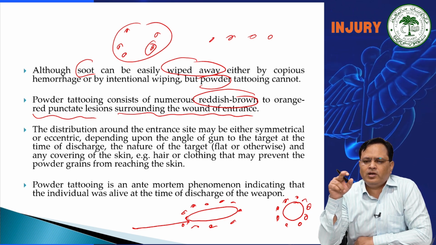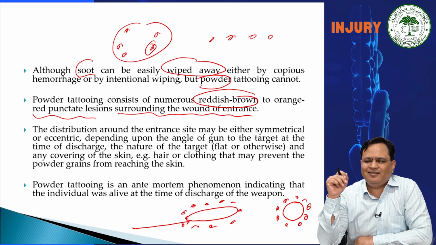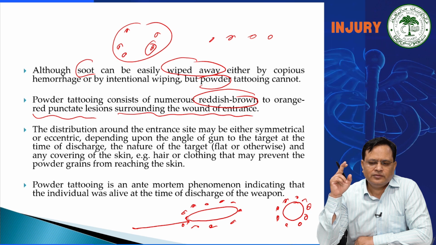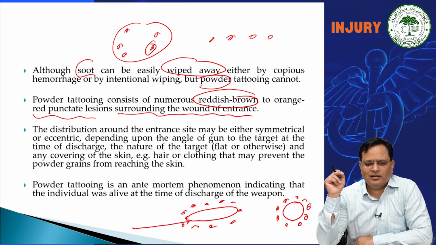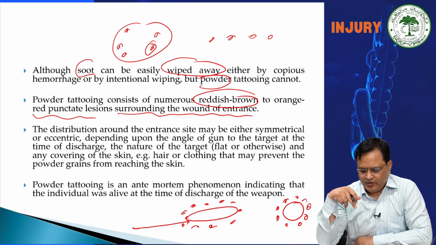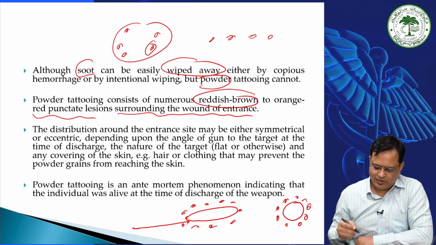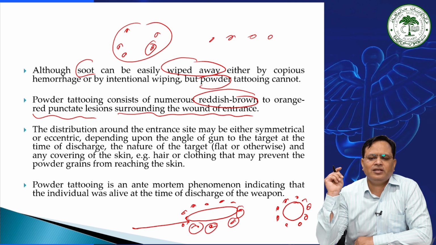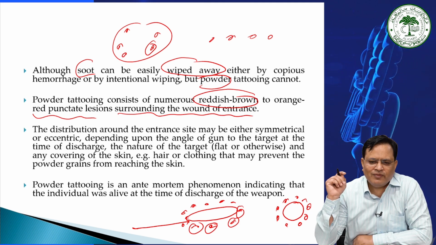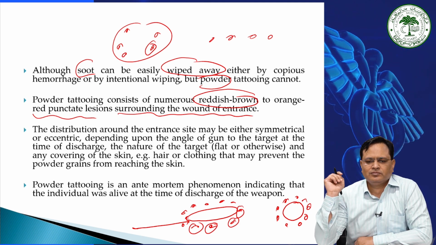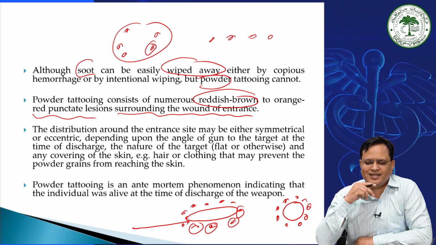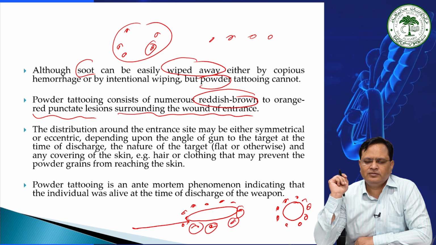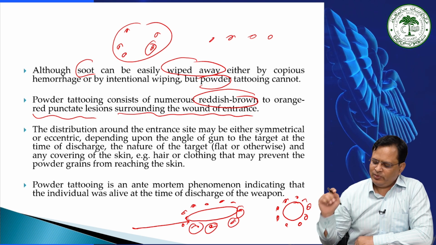So from the deposition of the powder, we can determine the direction of the wound and the direction of firing. If there is reddening and other inflammatory features, then we can say it is an antemortem gunshot. Powder tattooing is an antemortem phenomenon, an indication that the individual was alive at the time of discharge of the weapon.